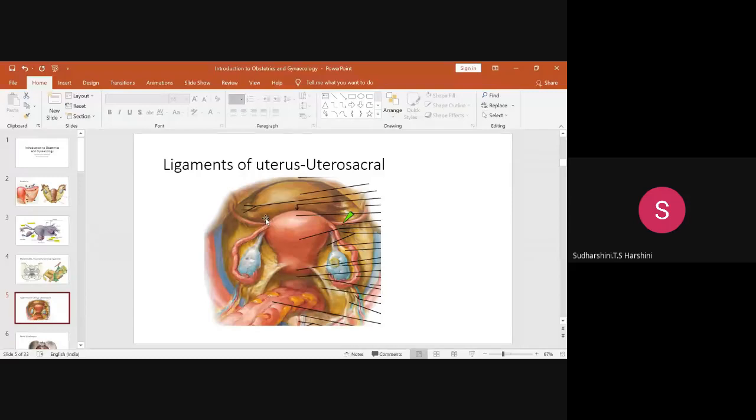So you know that it originates in the uterus, in the cornua, and where is it going to pass through, which structure, and where is it going to get inserted? Can anyone tell? It's all your first year anatomy.